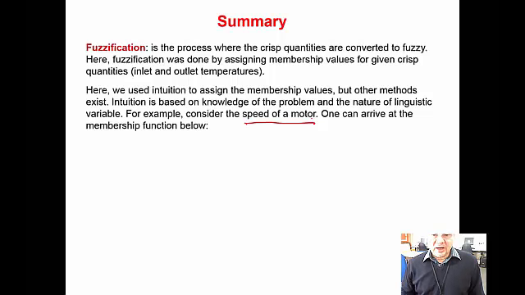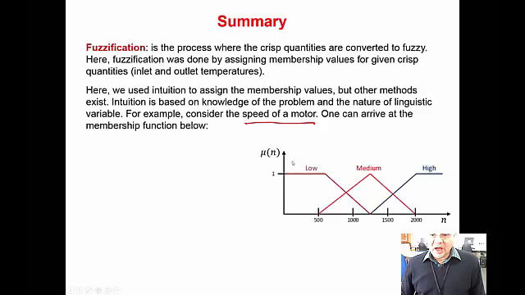If it's an induction or a DC motor running at line frequency, then I will define the range as low, medium, and high. Well, I decided that something like 1,250 is medium, something above 2,000 is high, something below 500 is slow.